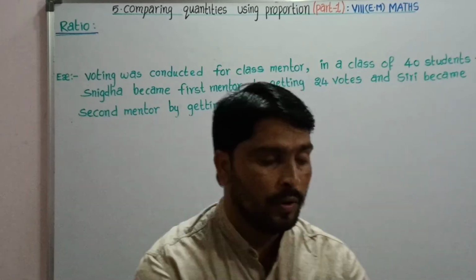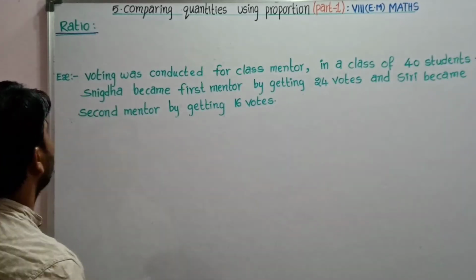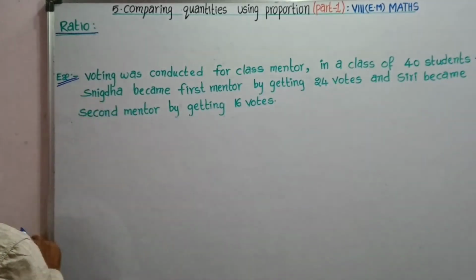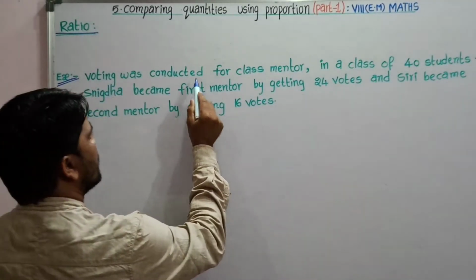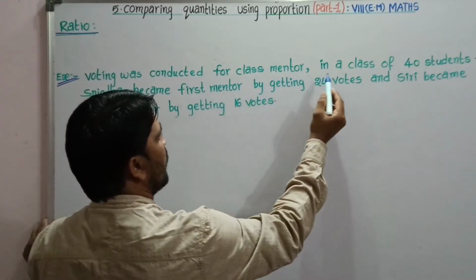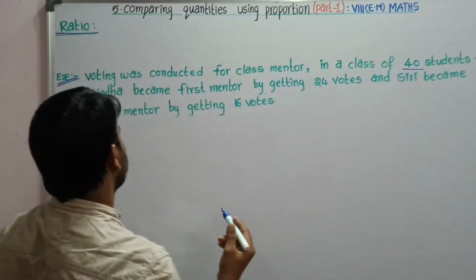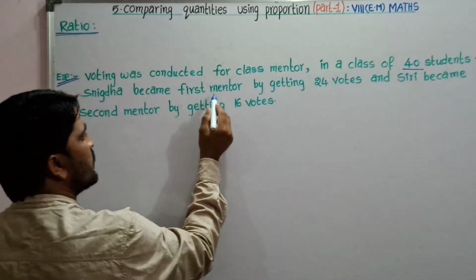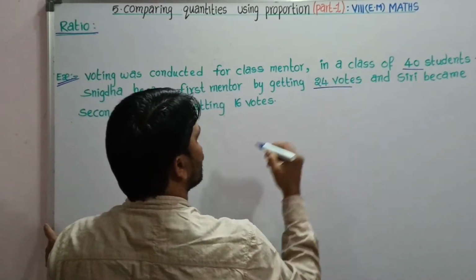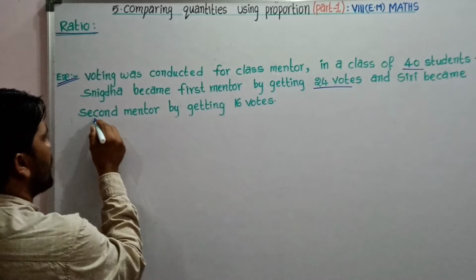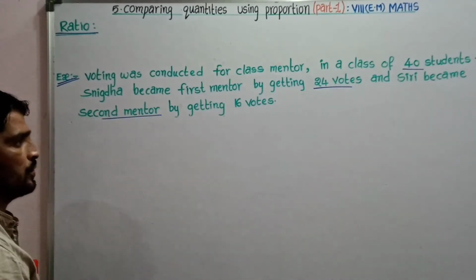Let us see one example. Voting was conducted for a class mentor in a class of 40 students. Snigdha became first mentor by getting 24 votes, and Siri became second mentor by getting 16 votes.